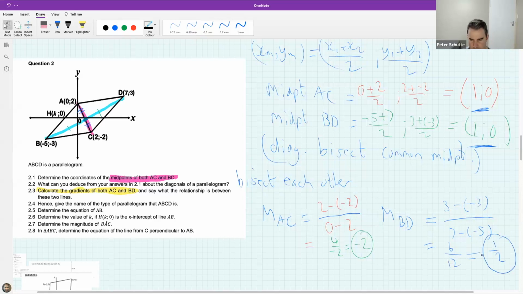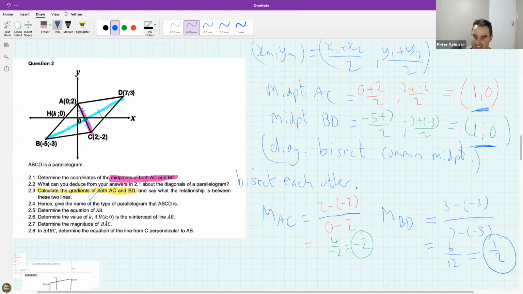Now this is interesting. In the question it says, calculate the gradients and then say what is the relationship between these two lines. Who would like to come online and tell me, or put it in the chat? Oh, you guys know this. Yes. Okay.